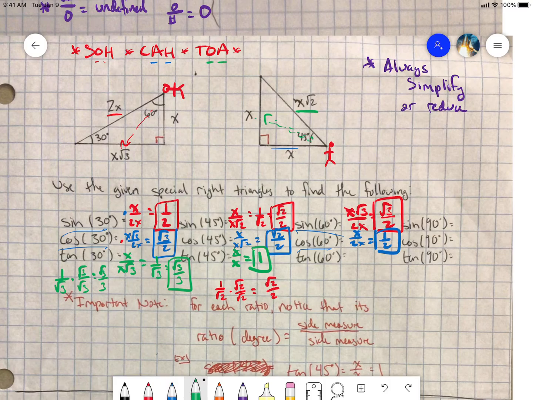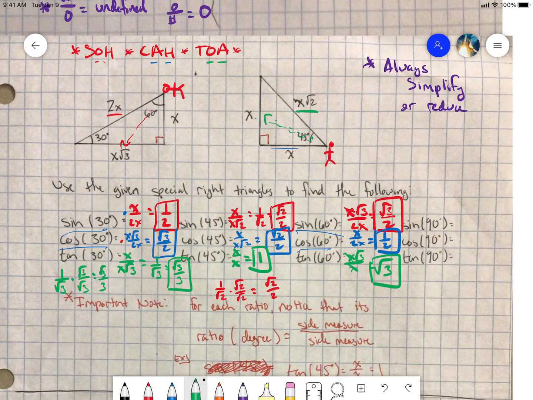All right, then let's go tangent of 60. What's tangent of 60? So you have x rad 3 over x, which just simplifies to what? Rad 3. Okay?